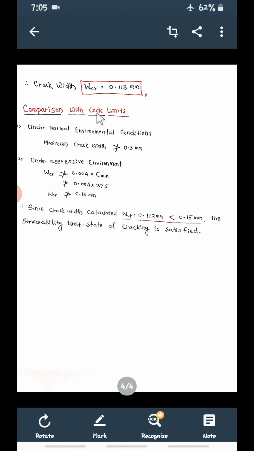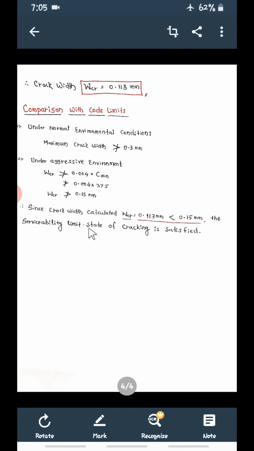Now what crack width did we calculate here? 0.113. Since the calculated crack width, WCR, that is 0.113, is less than 0.15, that is 0.004 times 37.5, the crack width developed is less than the permissible 0.15.